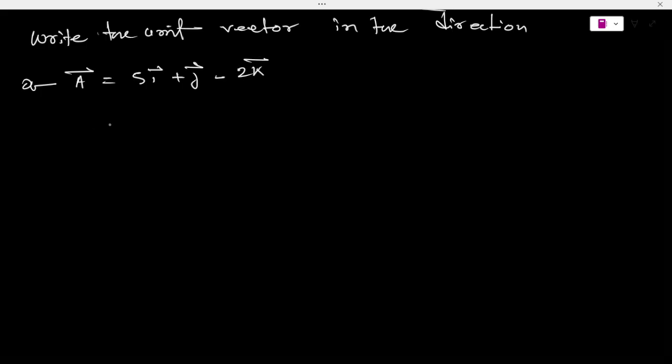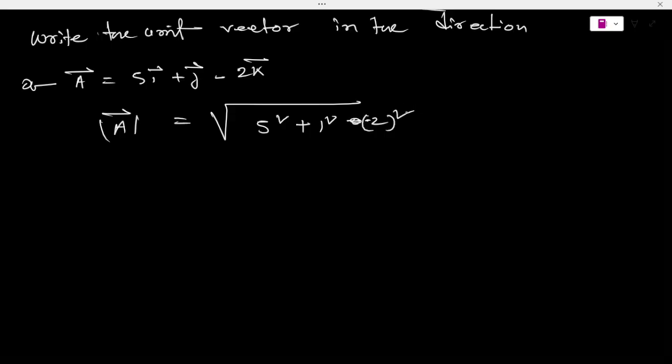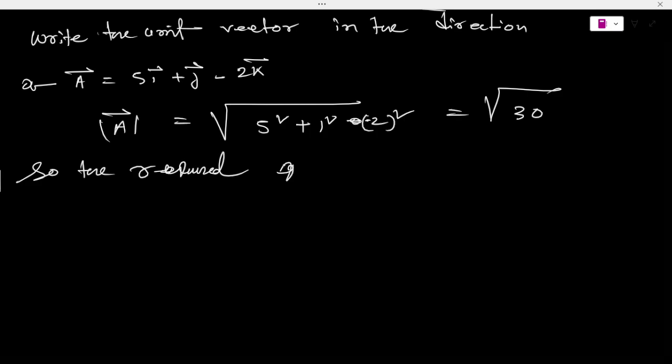Okay, so the modulus of a is basically the root of 5 squared plus 1 squared plus minus 2 squared. So it will be around root 30. So what will the required unit vector be?